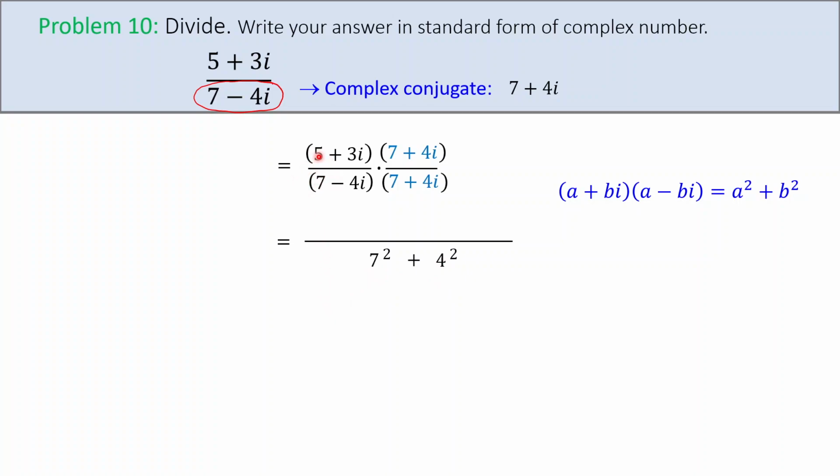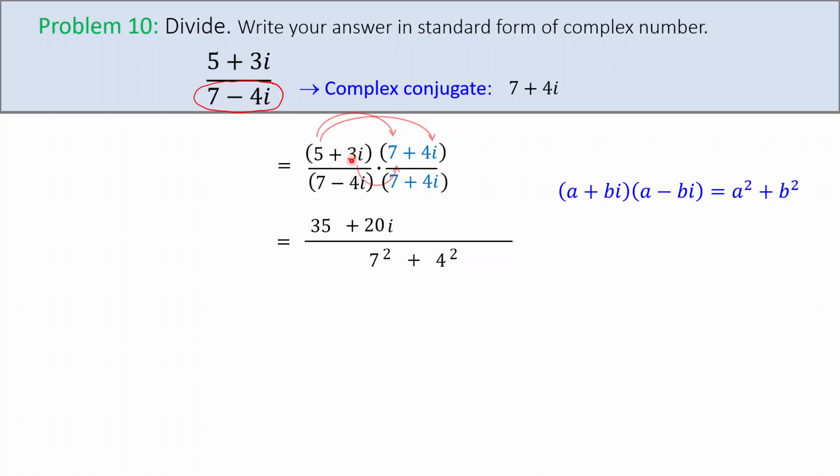Now you need to multiply this and this. So first to multiply this and this. 5 times 7, 35. Now 5 times this. 5 times 4, positive 4 is positive 20 times i.